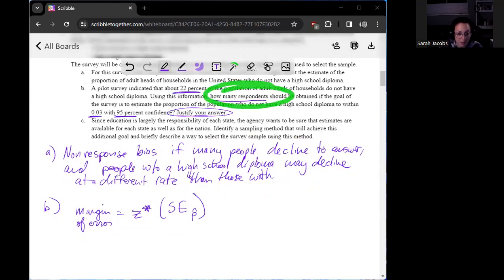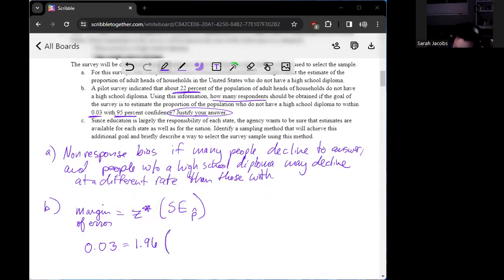We don't know the sample size. The margin of error we're looking for is 0.03 or less. I'm just going to use an equal sign and set 0.03 as my boundary, and then we'll get to ensuring that it's or less in a moment. With the Z star, for 95% confidence, that is 1.96. We use that a lot. Hopefully you'll just remember it.